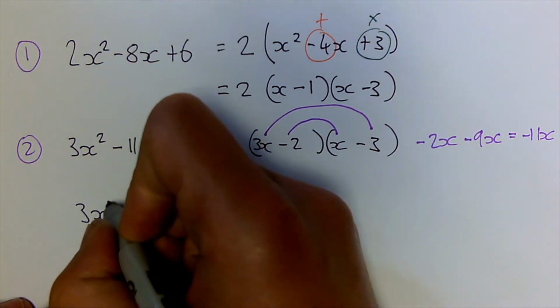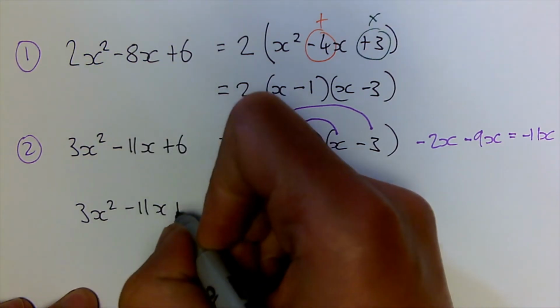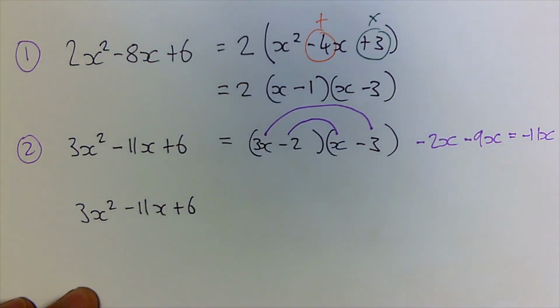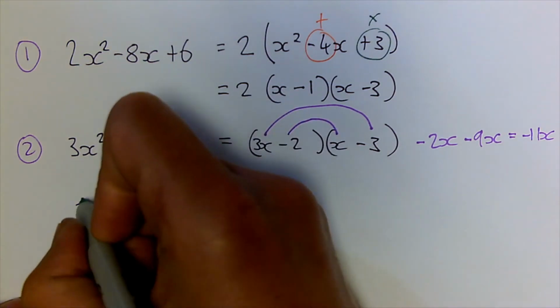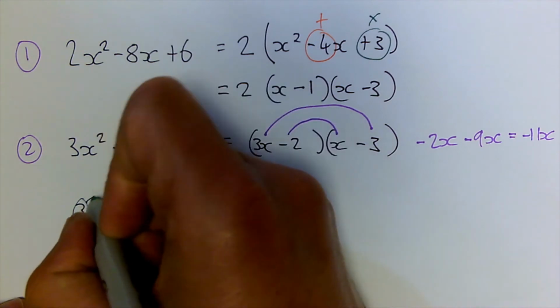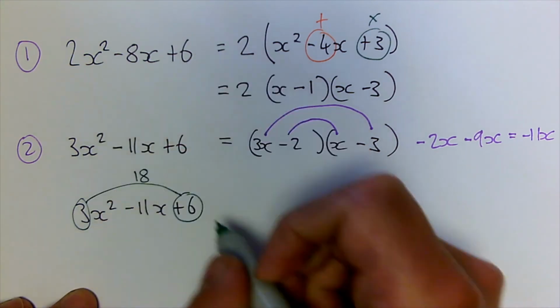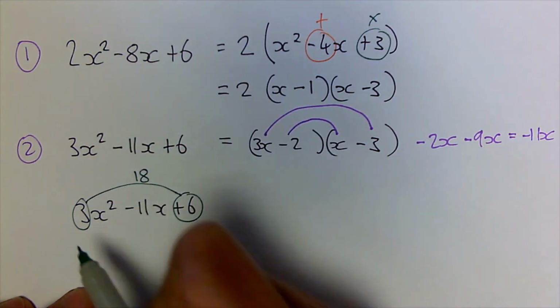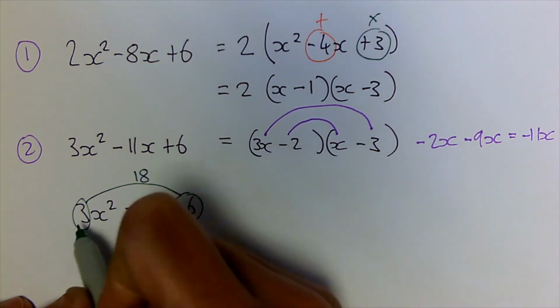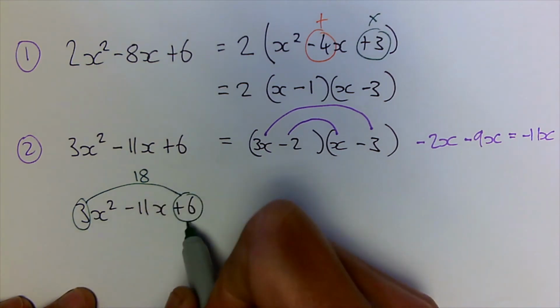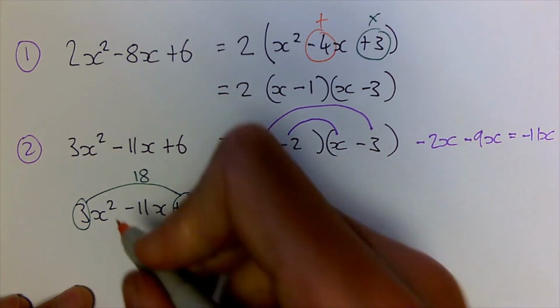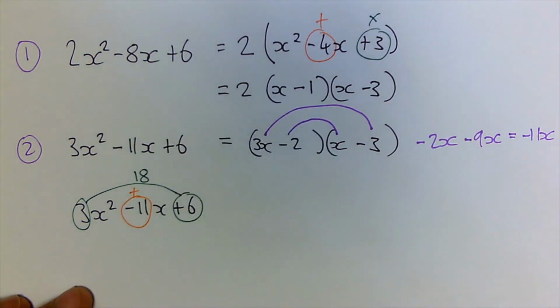Same question, 3x squared minus 11x plus 6. What we do is we look for 2 numbers that when you multiply them together you get 18, and that's the product of 3 and 6, or the coefficient of x squared and the constant. And when we add them together we get negative 11.